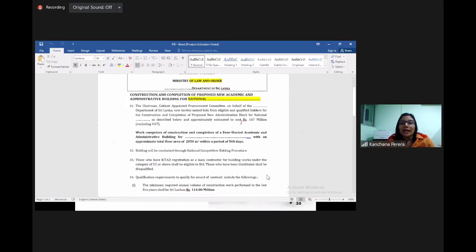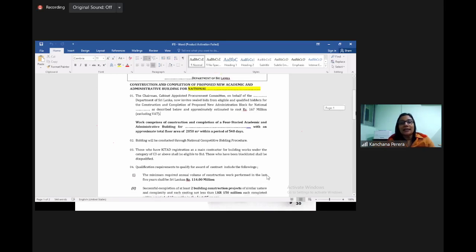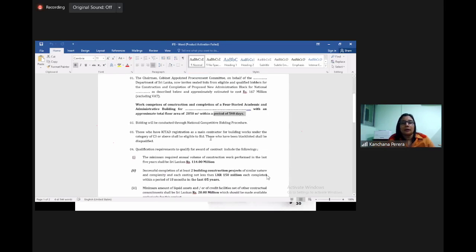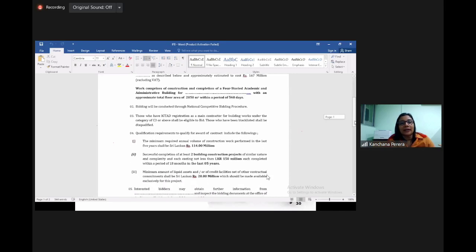As I mentioned last week also, it says approximately estimated cost. We give the approximate estimate, as well as the construction area and period. Very important. Then we talk about the CIDA grading, C3 or above.